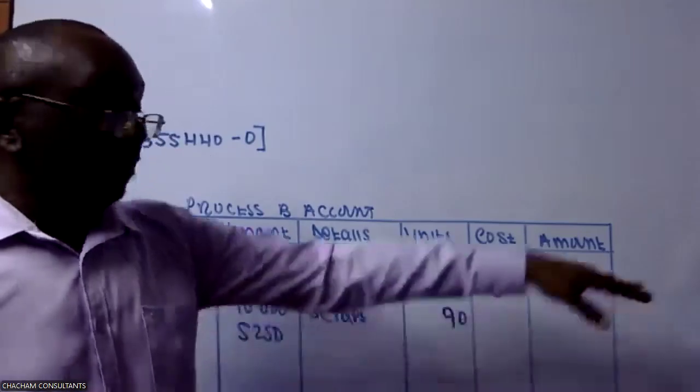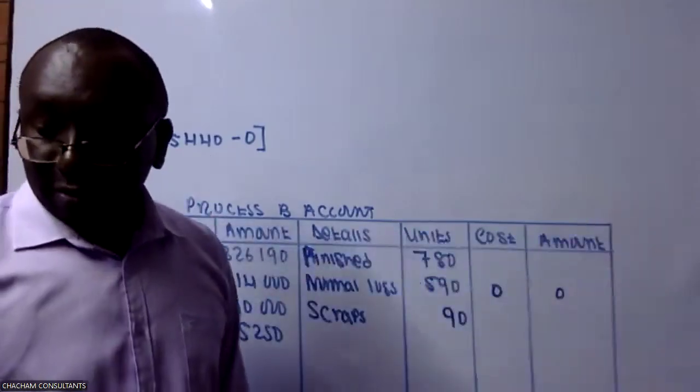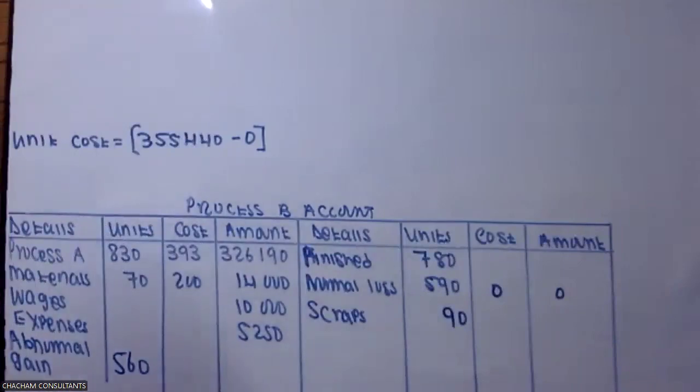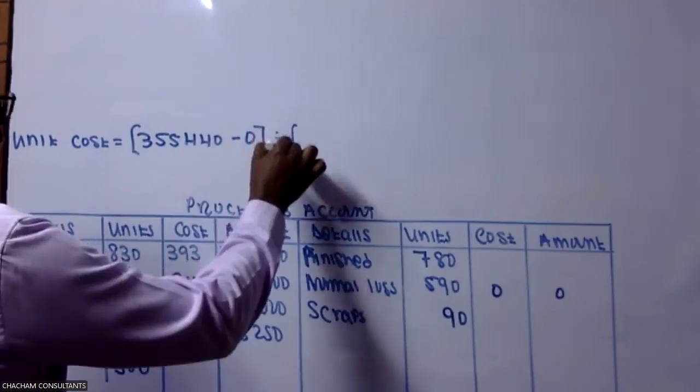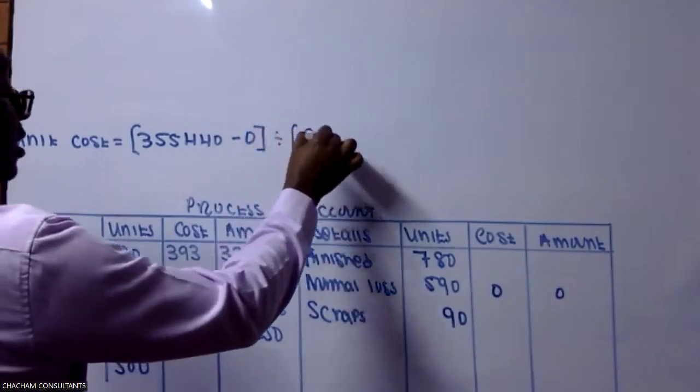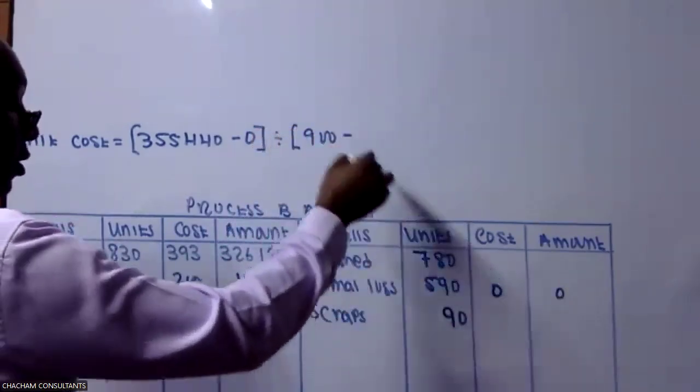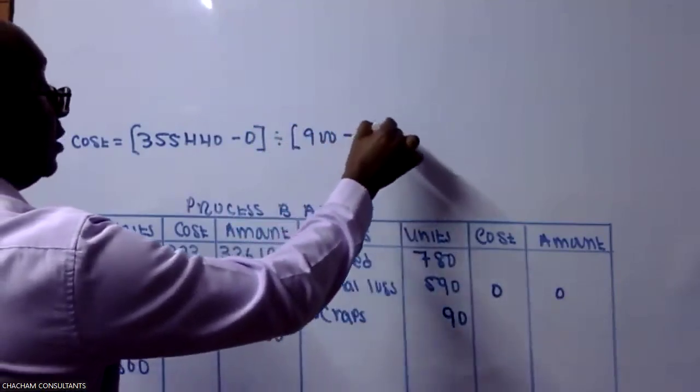For the scraps, they should have their own account. So we divide by this 900 minus the normal loss of 590.